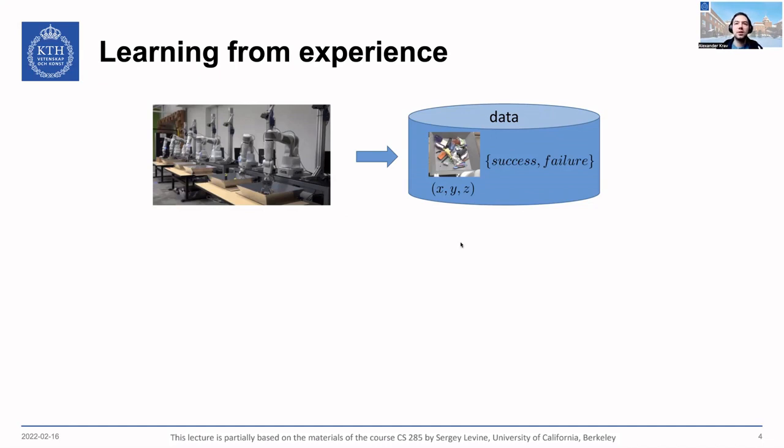Already here you can see that it's much easier to try different, maybe random, actions and label them as success or failure, rather than trying to figure out only successful actions. So the data collection in this case would be much easier than in a supervised learning problem.